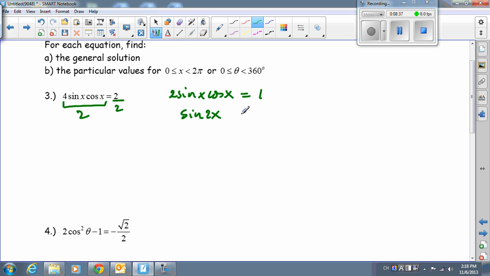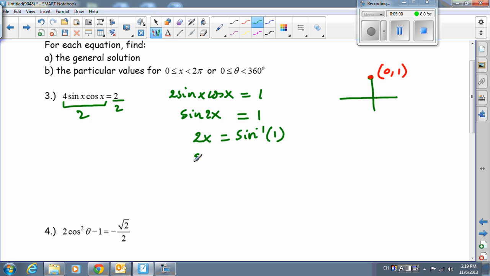Note that I'm solving, so I'm working with both sides at the same time. Sine of 2x equals 1. It means that 2x is equal to the sine inverse of 1. Now, remember, for the sine to be 1, I'm located somewhere here where the coordinates are 0, 1. So pi over 2.